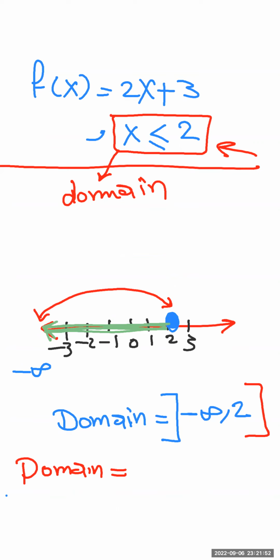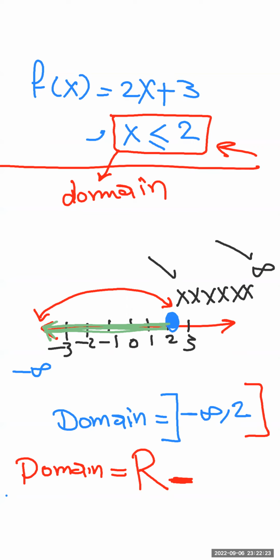So if I want to say it's the whole real numbers, all real numbers except the difference. Which area is not included in the domain? Actually, this one, till positive infinity. So the difference is 2 and infinity, starting with the smaller element.